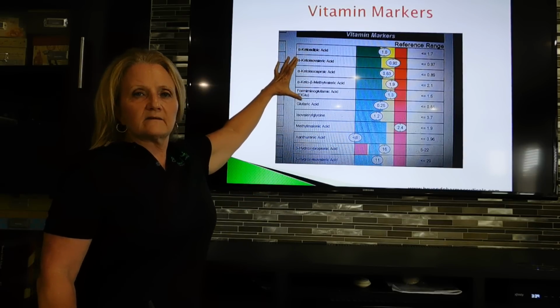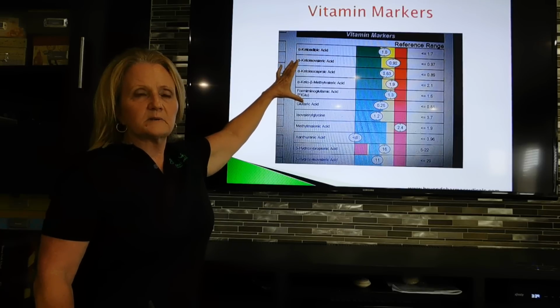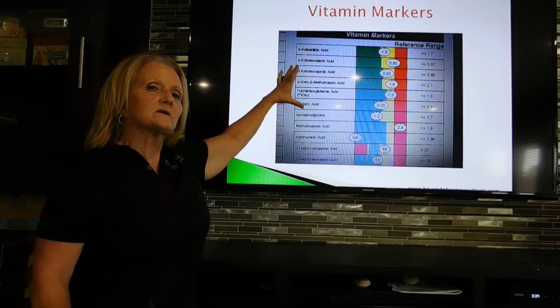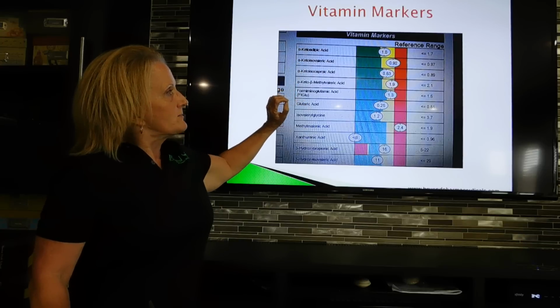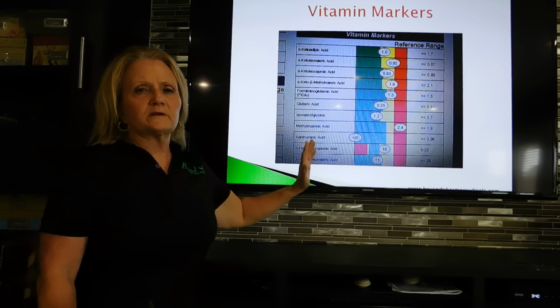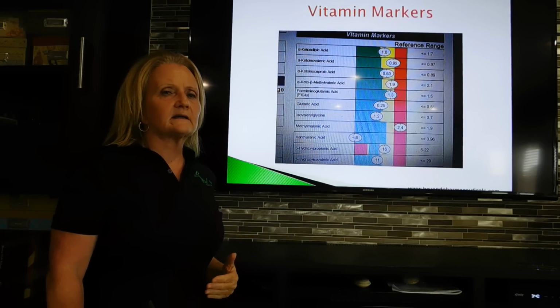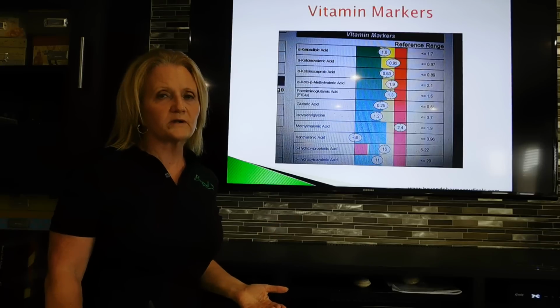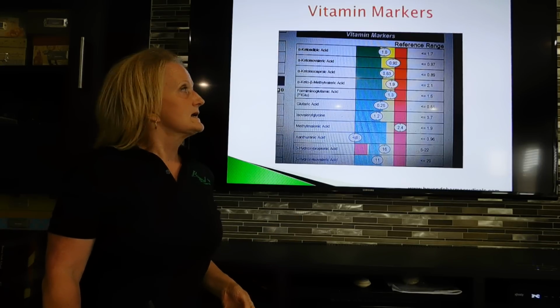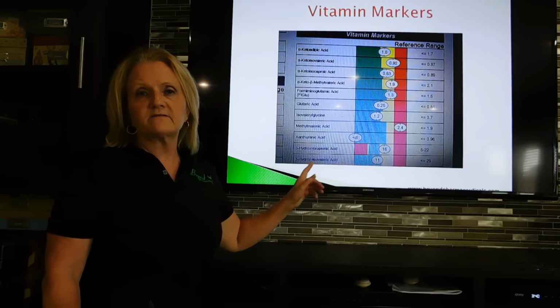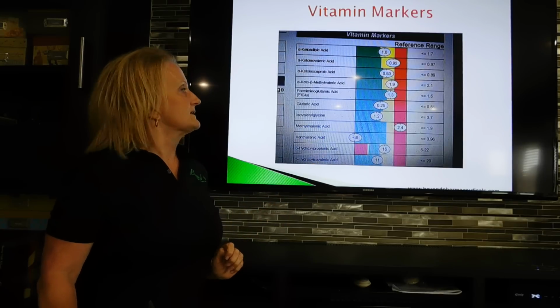This is indicative of a B complex deficiency, the B complex being B1, B2, B3, B5, lipoic acid, and biotin. But they're not so high as to give me reason to think that this is the sole reason why she's not utilizing her amino acids. It may be just one of these vitamins that are involved in this process.